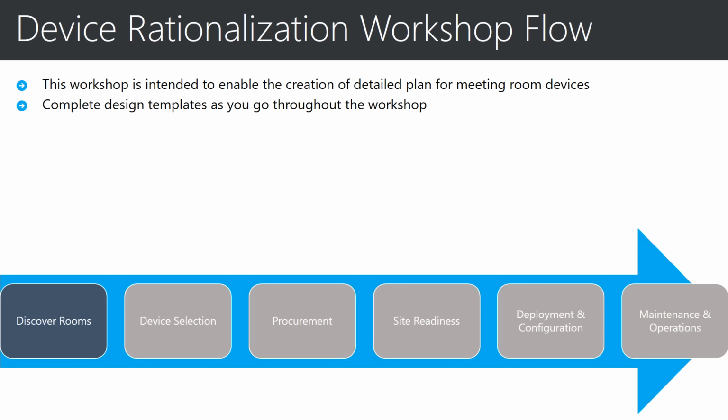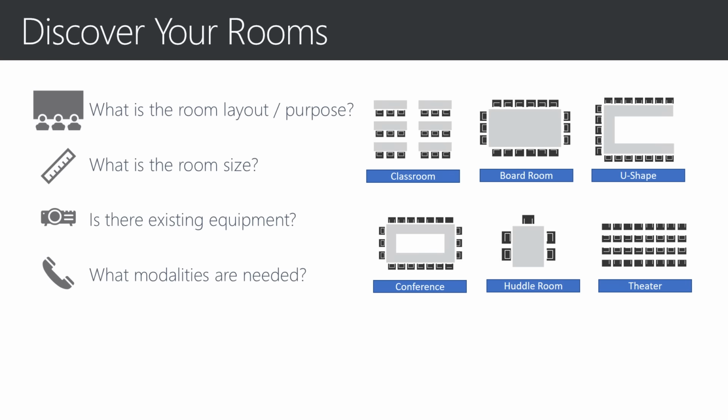As a starting point, you should get an overview of the meeting rooms within the organization. The very first step is to understand the environment and discuss the various rooms based on the purpose or the layout of the rooms.